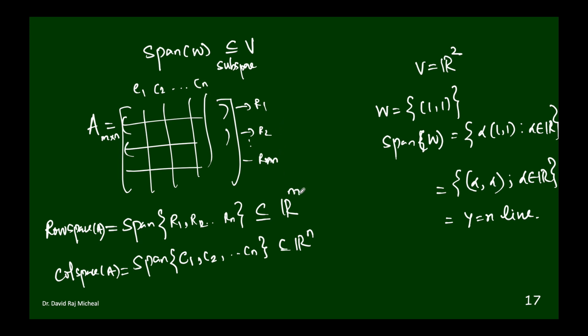Therefore the row space would be a subspace of Rn, and the column space will be a subspace of Rm, right? Make sure that you have the numbers properly if I even miss it. So these are some examples of subspaces. You can generate more subspaces and look for more examples.